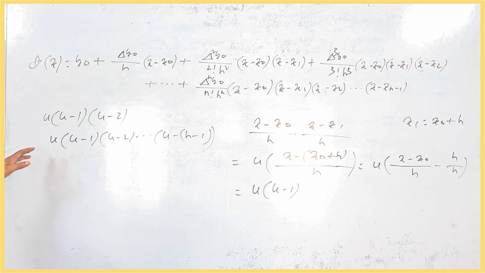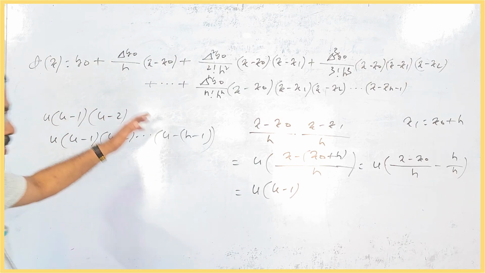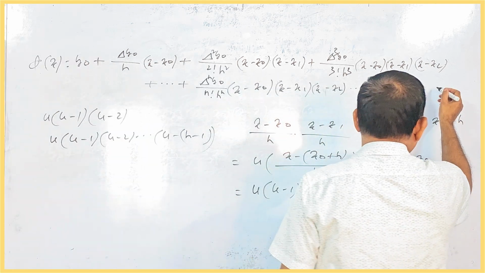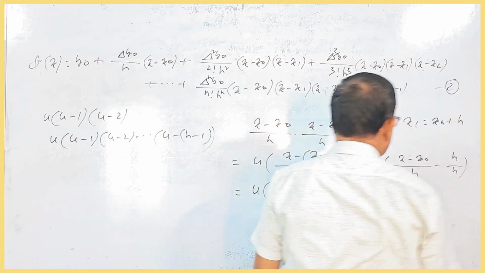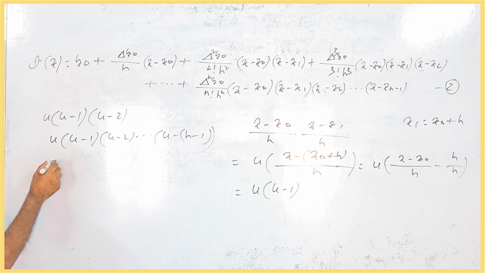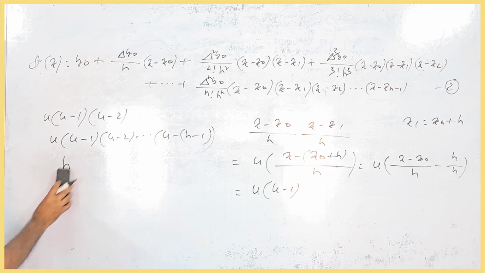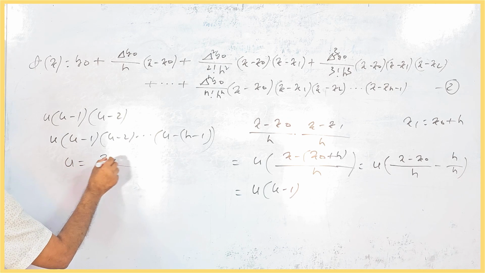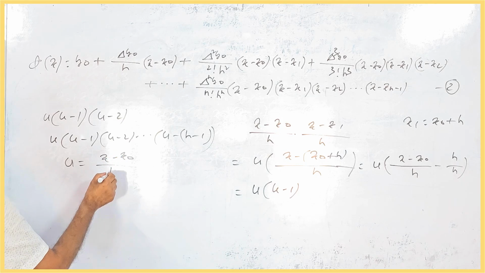Now I can put these values in this equation, which may be named equation 2. On the left hand side, x will be written in terms of u, because I have already defined u equal to x minus x naught divided by h.